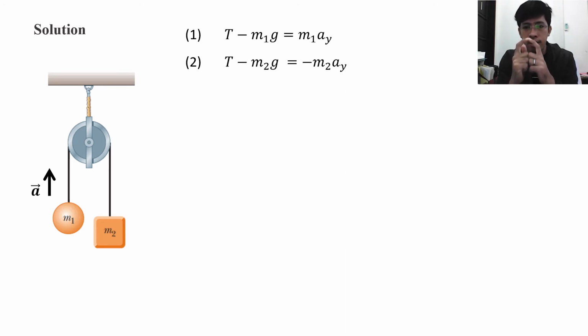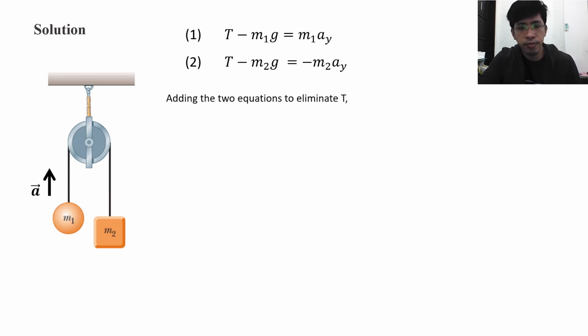Okay, it simply bends your axis. But again, whatever the tension m1 experiences or feels is the same tension that m2 experiences. So that's just the same tension T for both bodies. And we can now solve for the equation. That is by adding the two equations to eliminate your tension T.